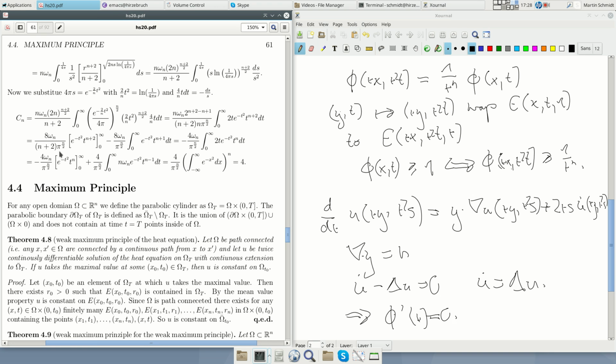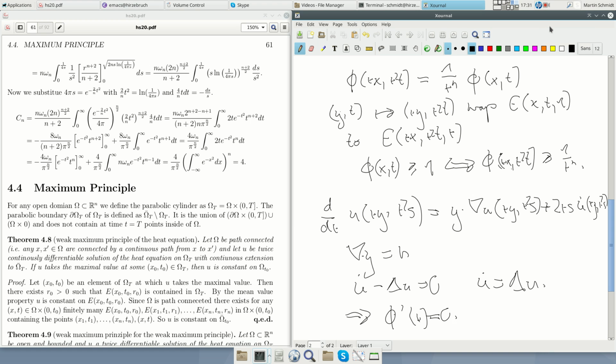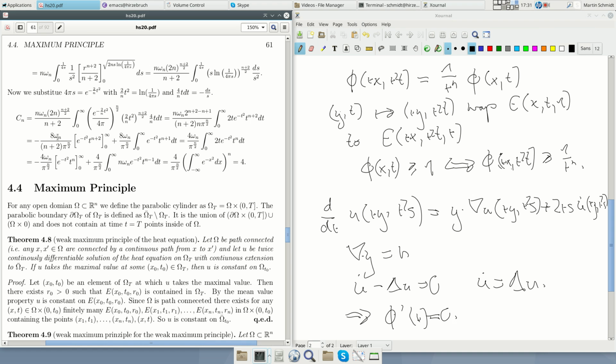Okay, sorry, here's a minus missing. Now I have corrected the minus. So the derivative of this function is this function here, 2t times e to the minus t squared. This is up to a minus the antiderivative of e to the minus t squared.